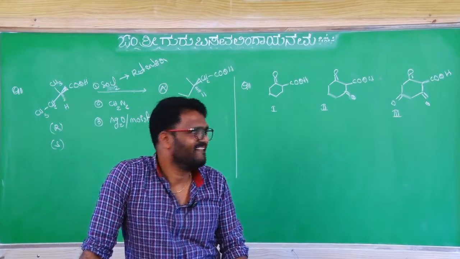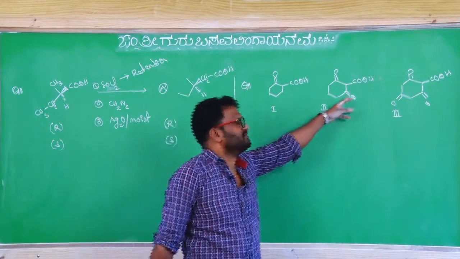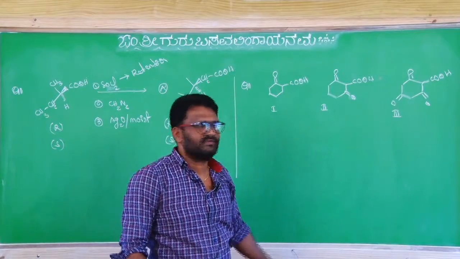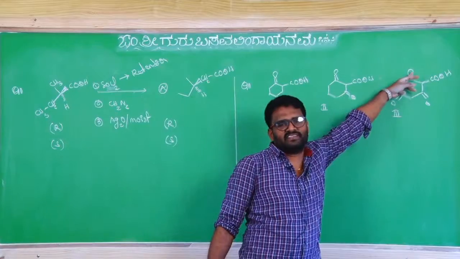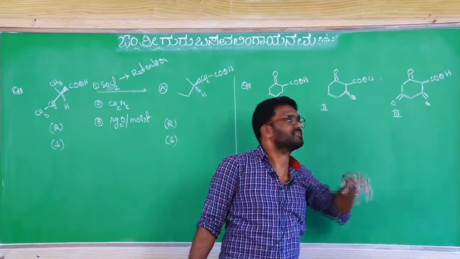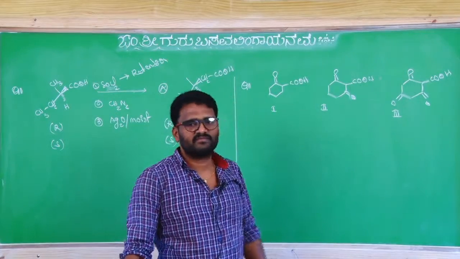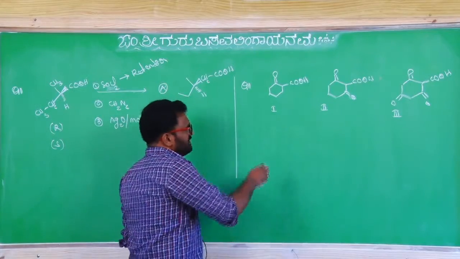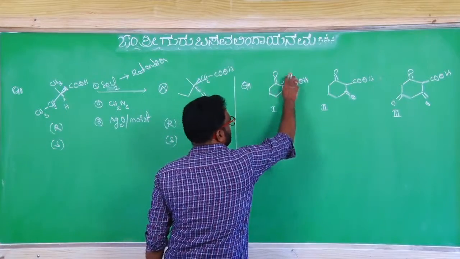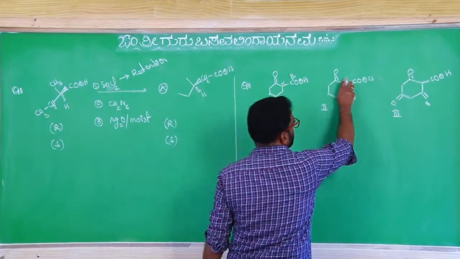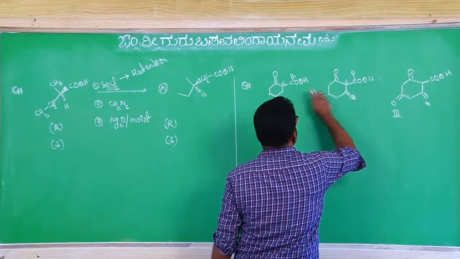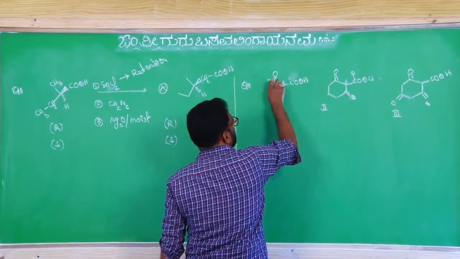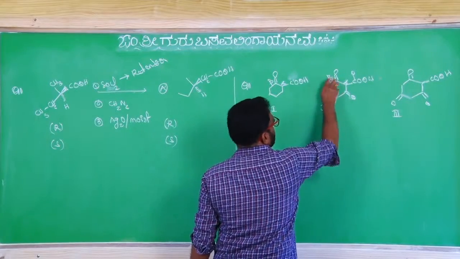Two alpha, here also two alpha, no? Here also two alpha. This won't affect the third one; no connection with this. Actually, here this is alpha and beta keto.